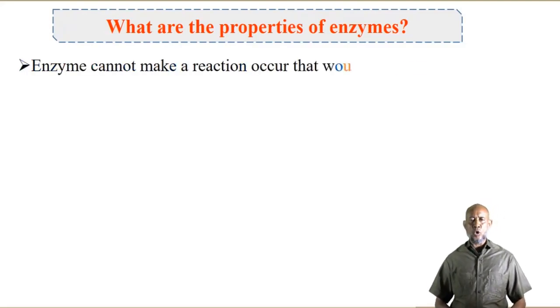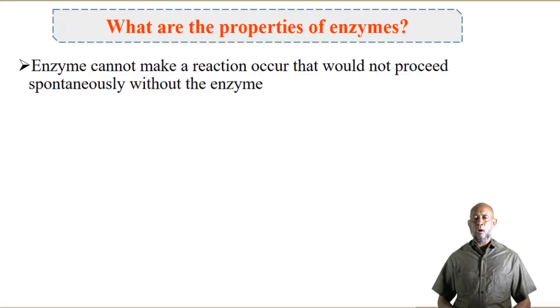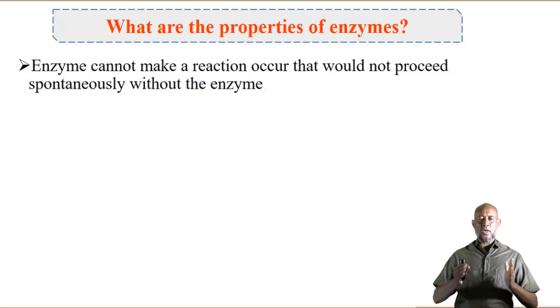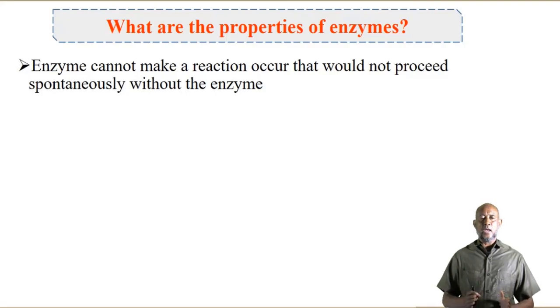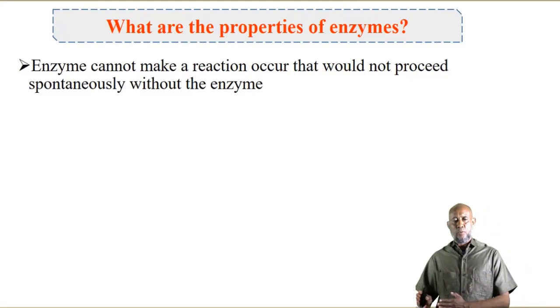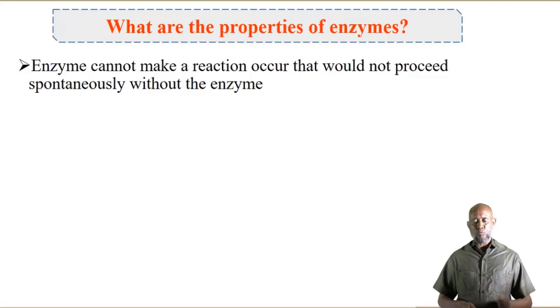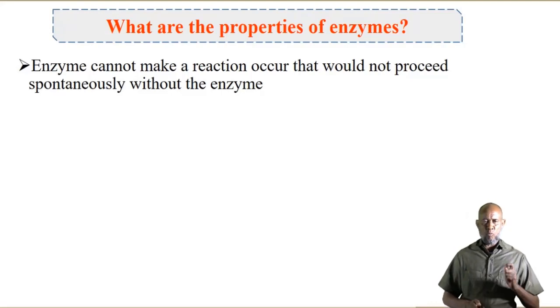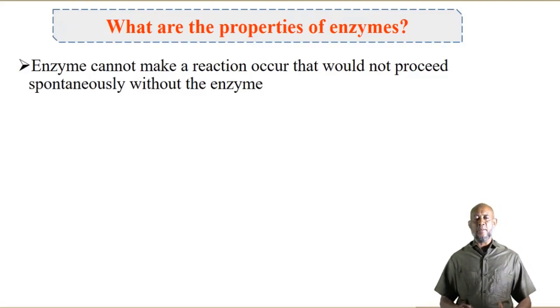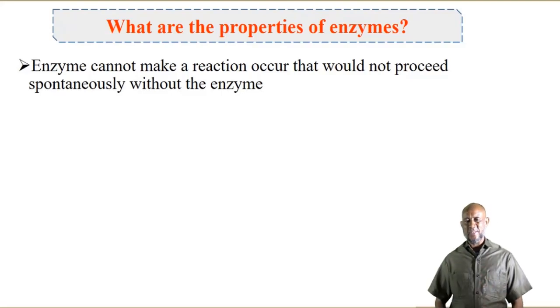Enzymes cannot make a reaction occur that would not proceed spontaneously without enzymes, meaning that enzymes always catalyze reactions which are thermodynamically favorable without the enzyme. That means thermodynamically favorable reactions can be catalyzed by the enzyme.